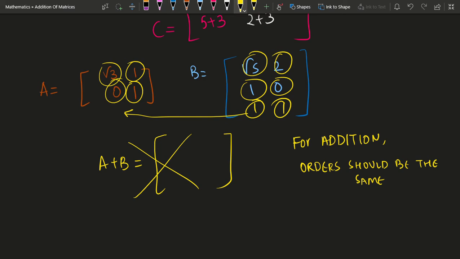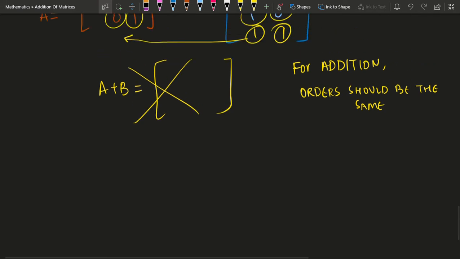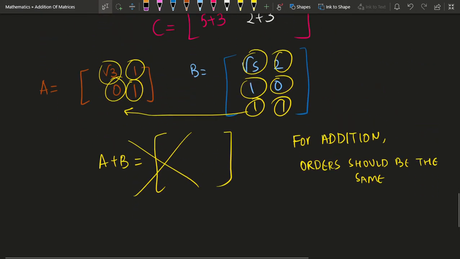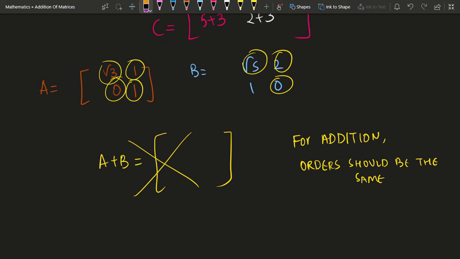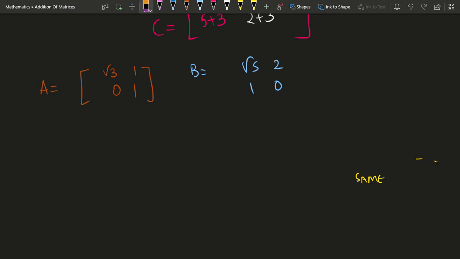What you could also do is subtract these matrices. Let's continue with the example that we had, and erase the additional numbers that we had just put in. Subtraction is basically taking the element wise difference.